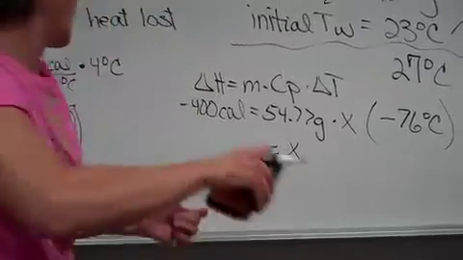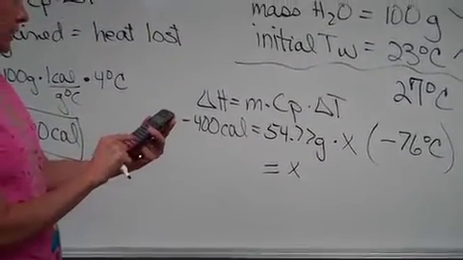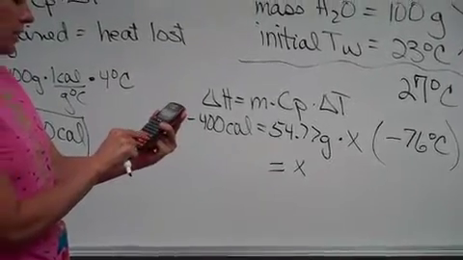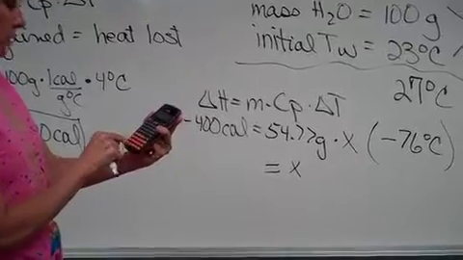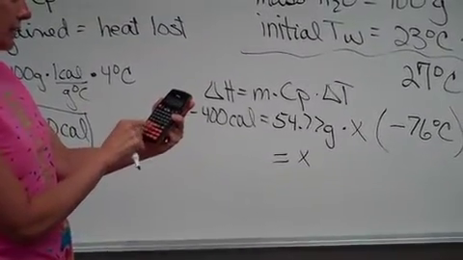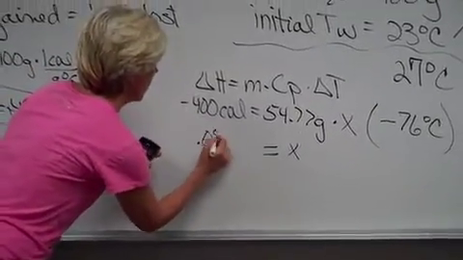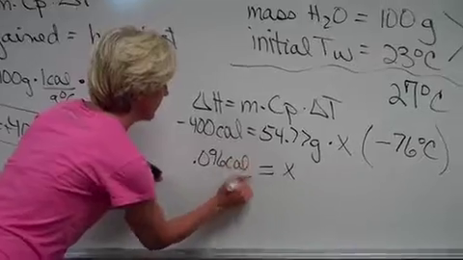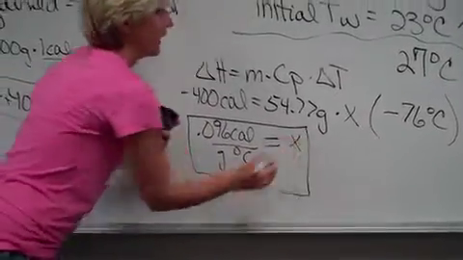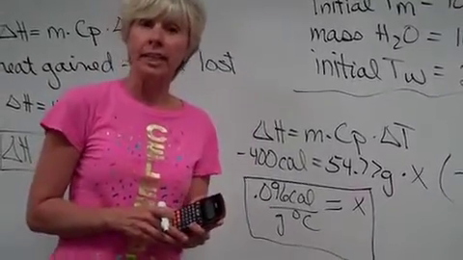So we're going to have negative 400 divided by 54.77 divided by negative 76, and we get 0.096 calories per gram degrees Celsius. Here's just a review on how to find the specific heat of a metal.